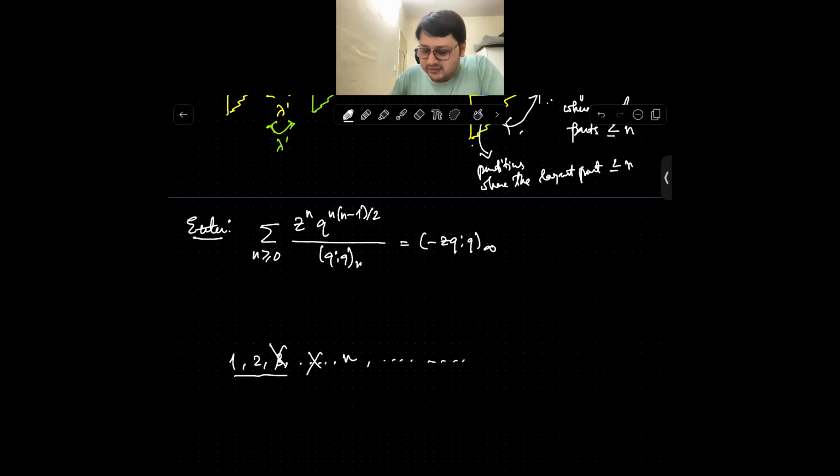So in each of these first n positive numbers, if some part is missing in the distinct parts partition, then the missing part has to be greater than one of these 1, 2, 3 up to n. Correct? So whatever you do, you will always get a factor of q raised to the power 1 plus 2 plus 3 up to n. And if you remember your arithmetic progression, this is nothing but n times n minus 1 by 2. Okay. So that's it basically.